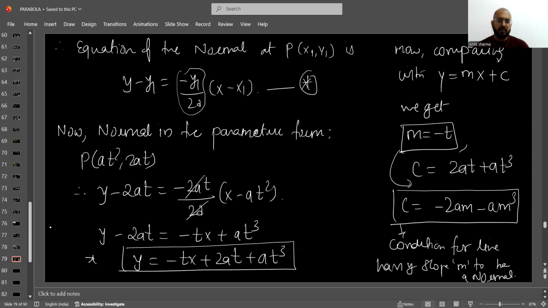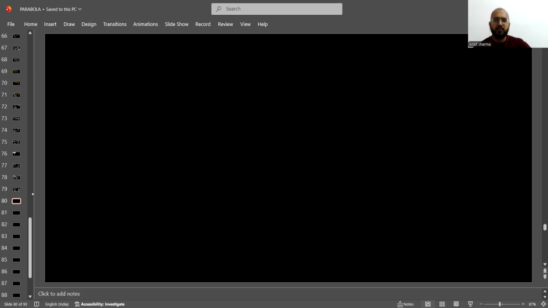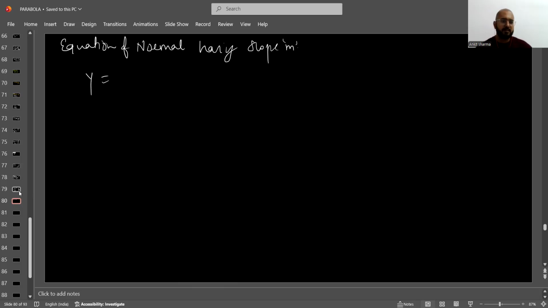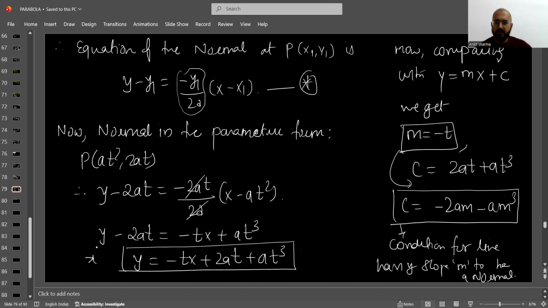Now, one can also have the equation of normal in slope form, or you could say the equation of the normal having slope m. One can simply interchange this t with minus m.